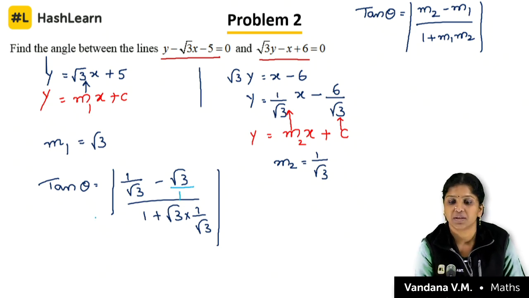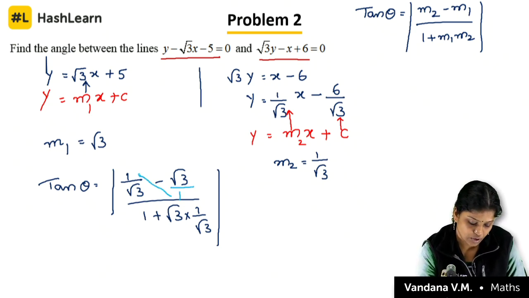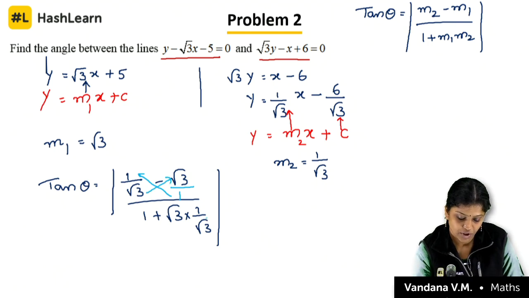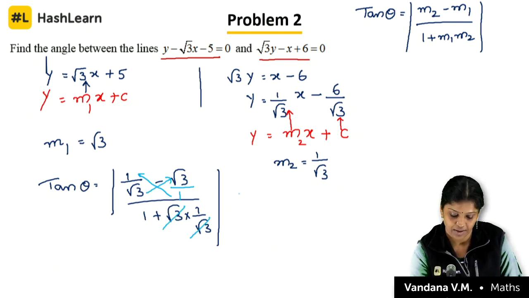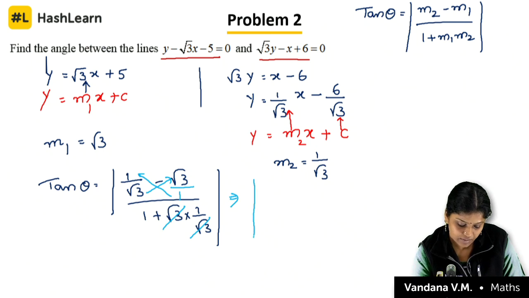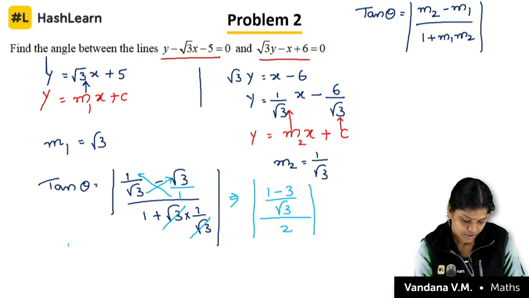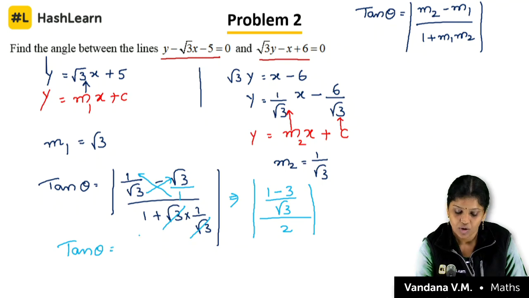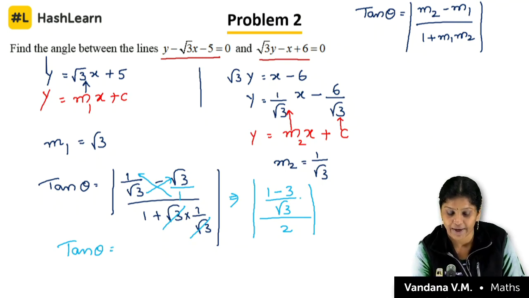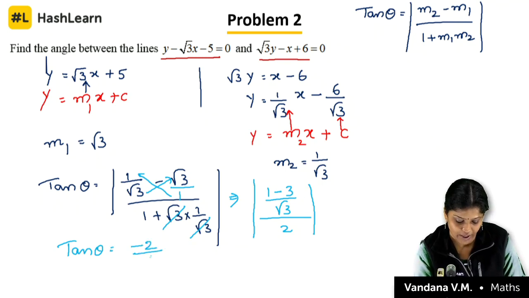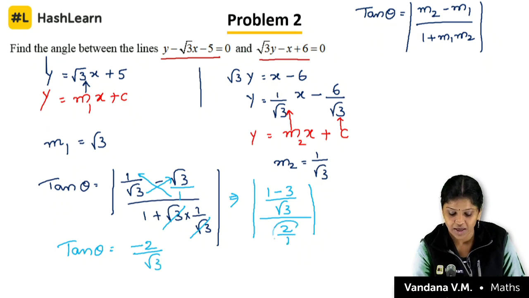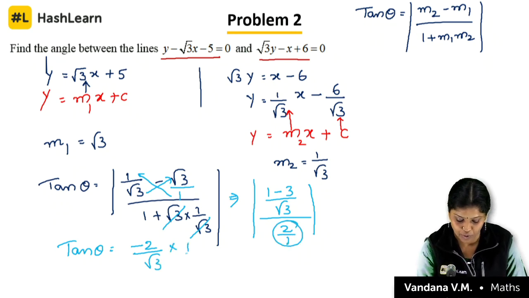Where nothing is there, write 1 like this. Do the cross multiplication. Root 3 will get cancelled. That implies modulus of (1 minus 3) by root 3, divided by 1 plus 1, that is 2. Tan theta is equal to (1 minus 3) is minus 2 by root 3, divided by 2, which becomes the reciprocal into 1 by 2.